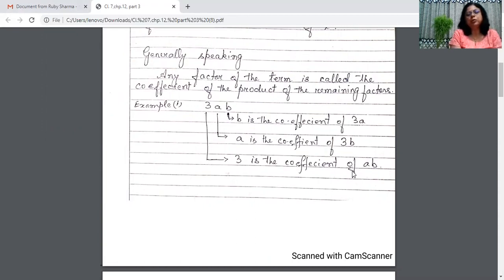So b will be the coefficient of the remaining factors, 3 into a, the product of the remaining factors. 3 into a, that's 3a. Similarly, a will be the coefficient of 3b. And 3 will be the coefficient of ab. 3 being a number is also known as numerical coefficient of ab.